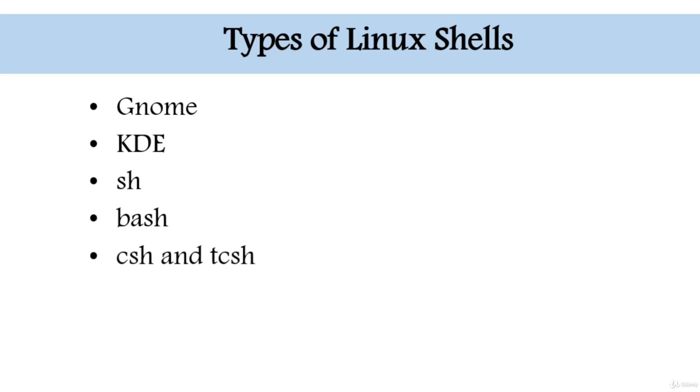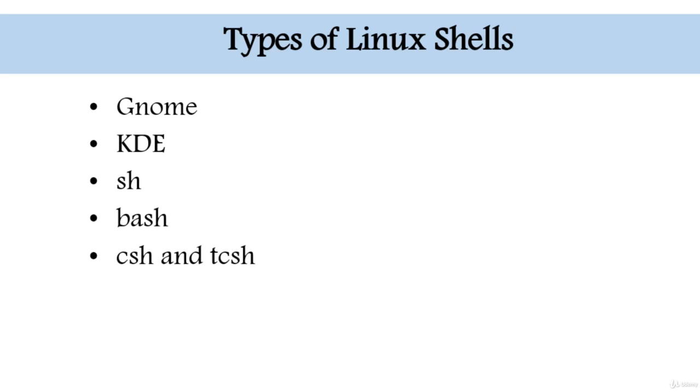Then there are other shells. There is C shell and TC shell. Developers have written a large part of Linux operating systems in C and C++ languages, right? Using C syntax as a model, Bill Joy, who was at Berkeley University, developed the C shell in, I believe, 1977 or 78. Then Ken Greer, I think that was his last name, working at Carnegie Mellon University, took the C shell concept a step forward.